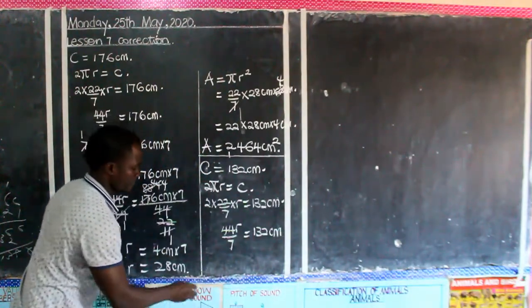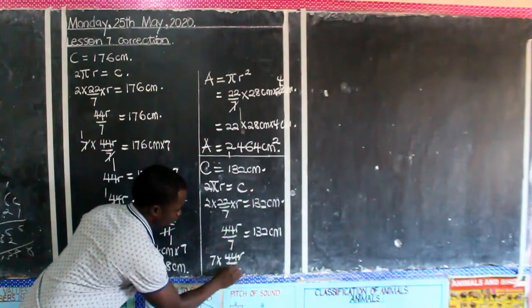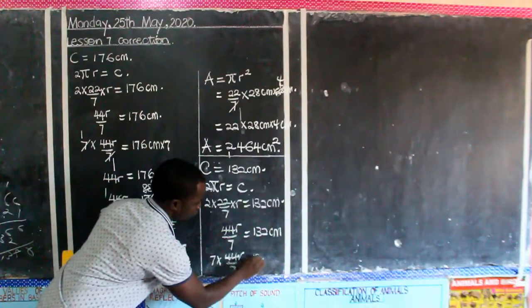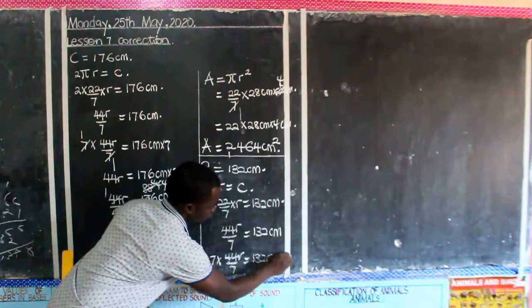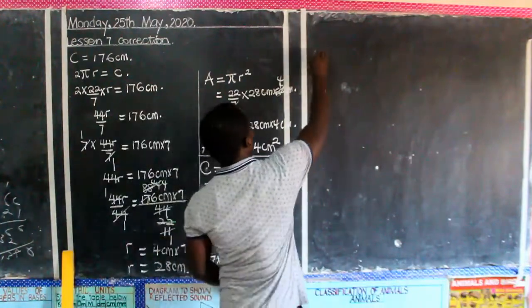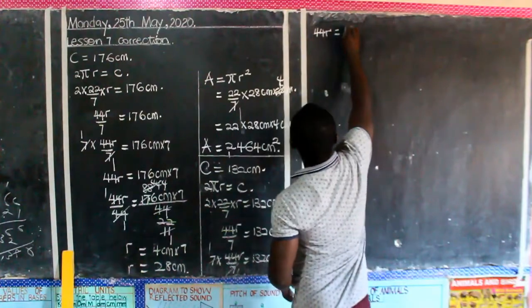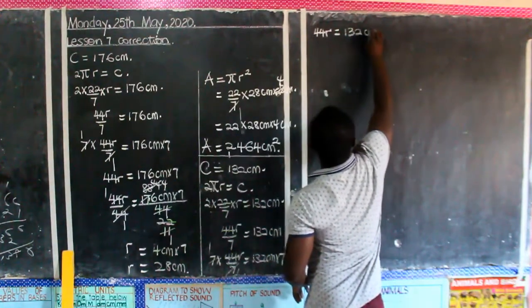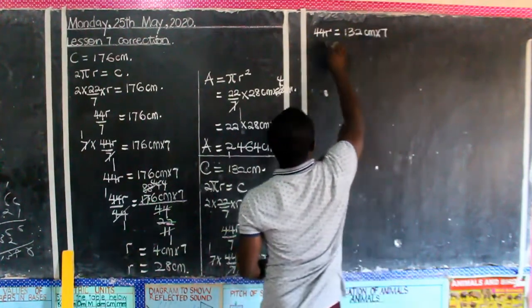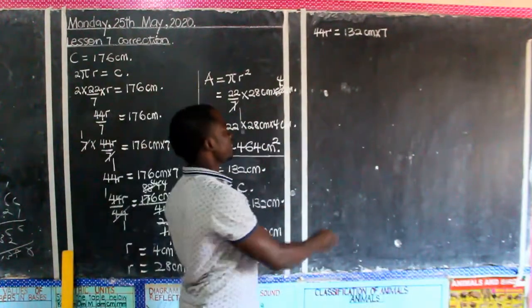Multiply both sides by 7. 7 times 44r out of 7 equals 132 centimeters times 7. By 7 once, by 7 once. So we shall have here 44r equals 132 centimeters times 7. Remove 44 by dividing it on both sides.